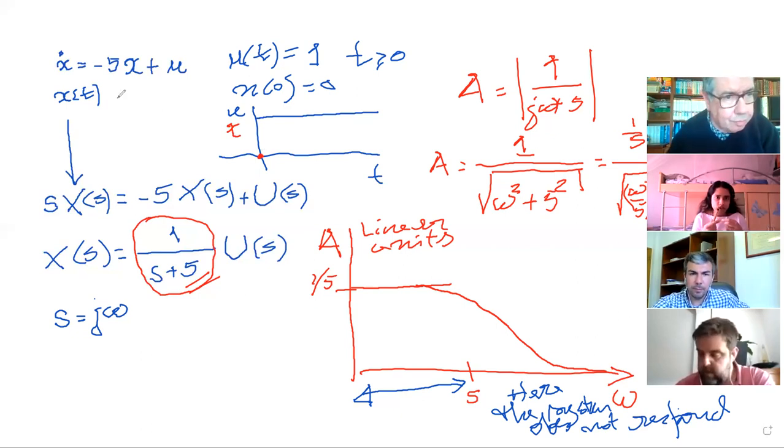According to that expression, minus 5 times x is 0 because x of 0 is 0, and then plus u, which is 1. Okay, so this grows a little bit with slope 1. And then what happens? The slope stays the same, increases or decreases? Now x is a little bit bigger than 0, and u is the same.